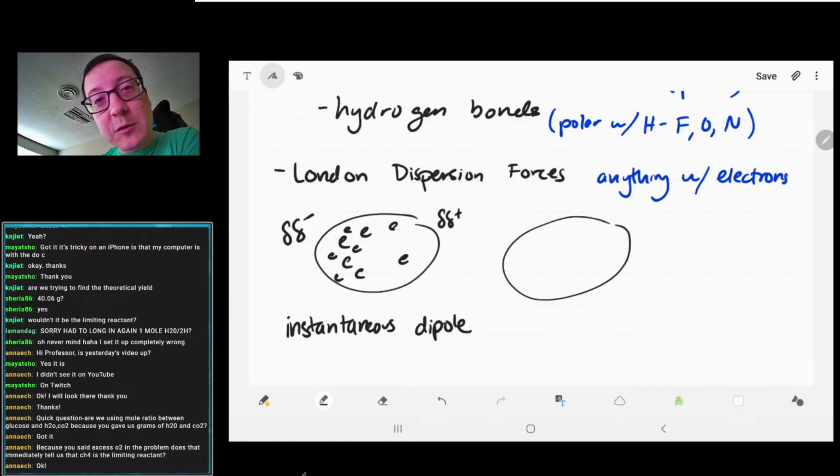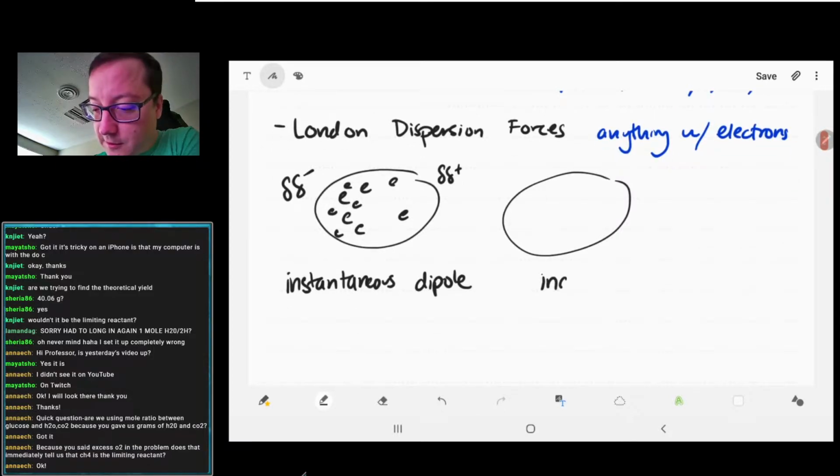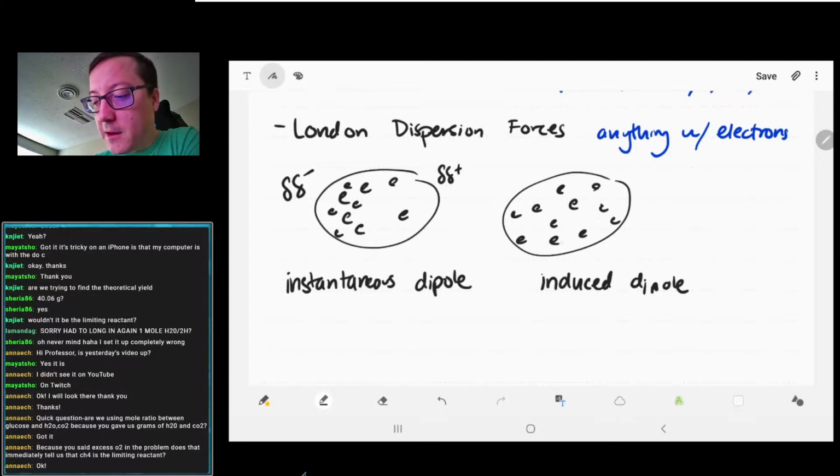What's interesting is that this can cause what is called an induced dipole. So maybe the other blob also had electrons all over the place zipping about, but they see the other atom or molecule, and they're like, wait a second, what's going on over there? Let us all do the same thing.